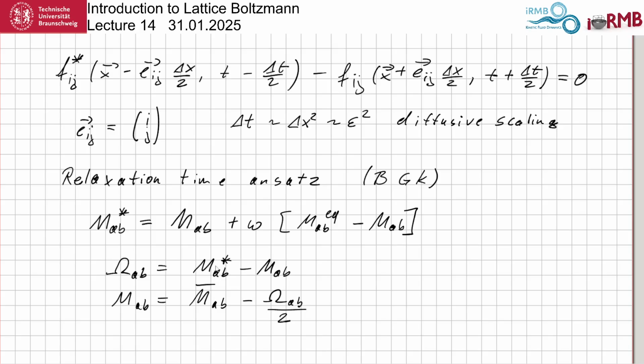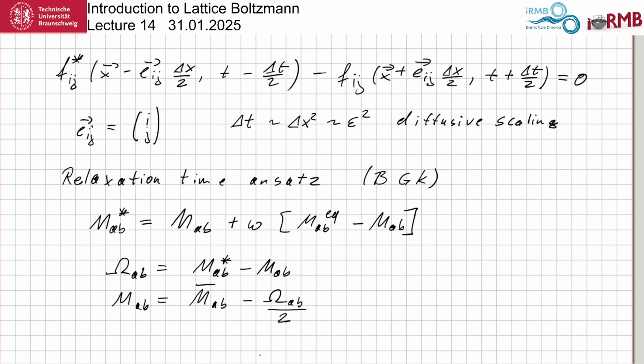I have to warn you that in some literature these things are twisted. I'm usually consistent with this, but in other literature they call the pre-collision state over bar and the one in between without over bar. Sorry for that. Some people did not agree, apparently.